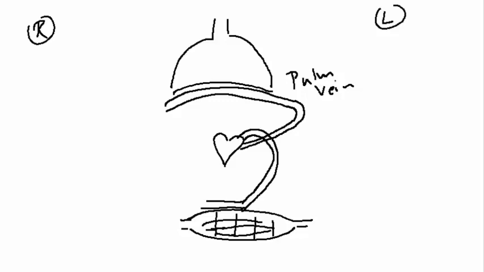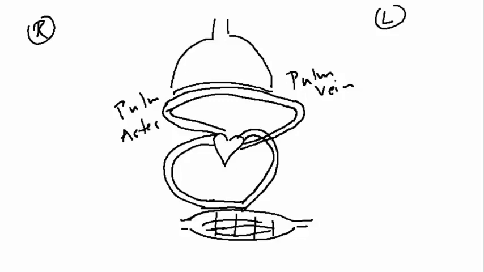Carbon dioxide that is produced in the muscle during that metabolism step is then going from the muscle fiber back into the systemic capillaries, and that blood is moving to the right side of the heart. Right atrium, right ventricle, and is then being pumped out. And we have a circle. We have the pulmonary artery on this side.